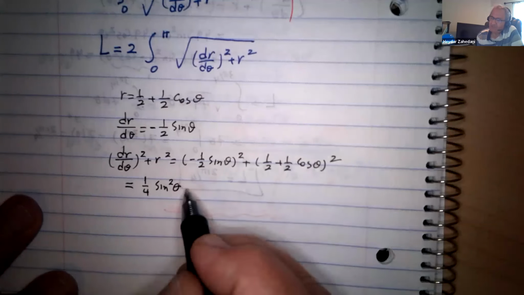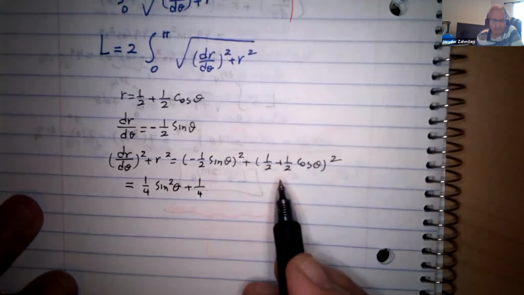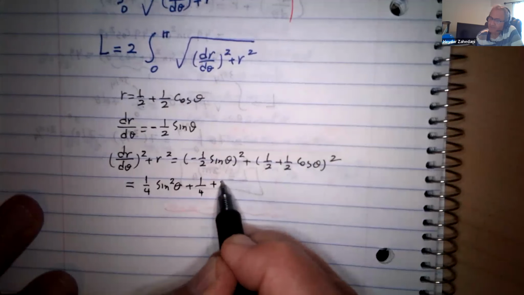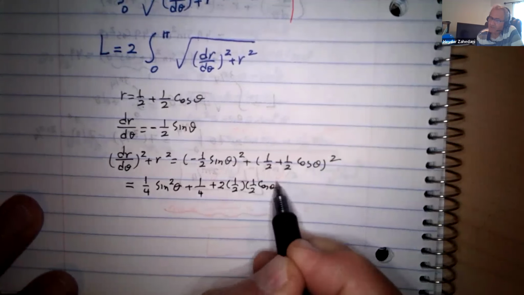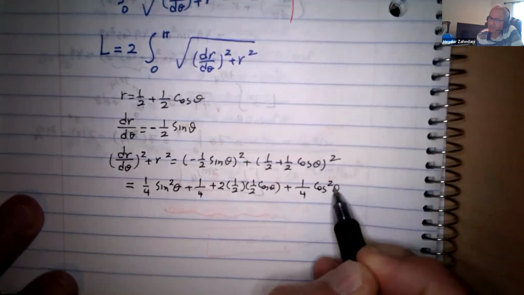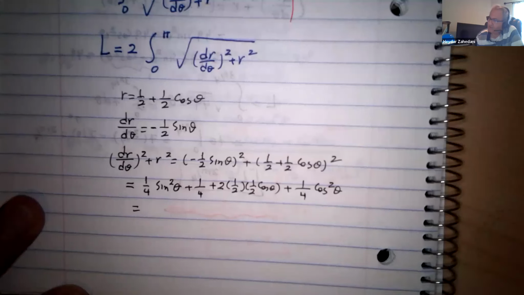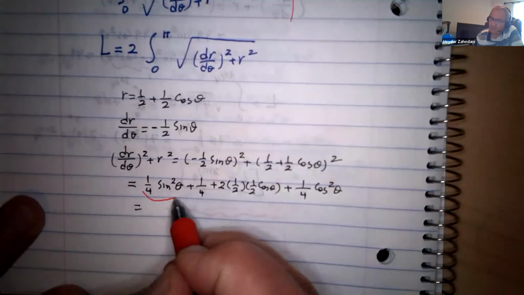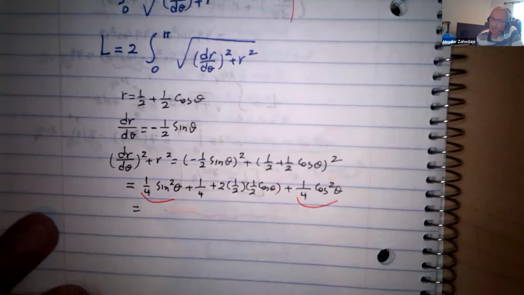Okay, the square of the first one would be a quarter. 2 times first times second, so it's going to be plus 2 times 1/2 times 1/2 of the cosine, and plus the square of the second one, which is a quarter of the cosine squared. So you have a quarter of a sine squared and a quarter of a cosine squared. If you factor out the quarter, that gives you sine squared plus cosine squared, which is 1.